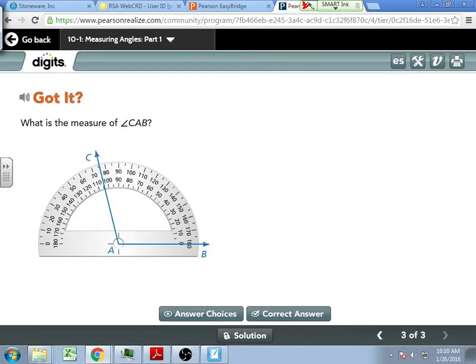So figure out what's the measure of this angle. The protractor's already on your paper. What is the measure of this angle? And notate it correctly.